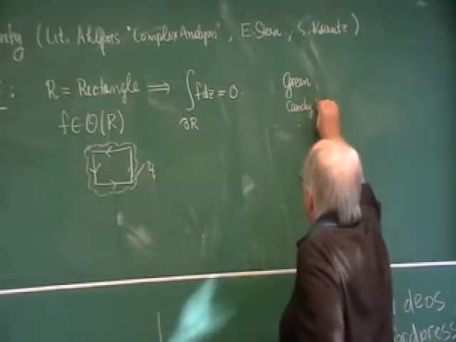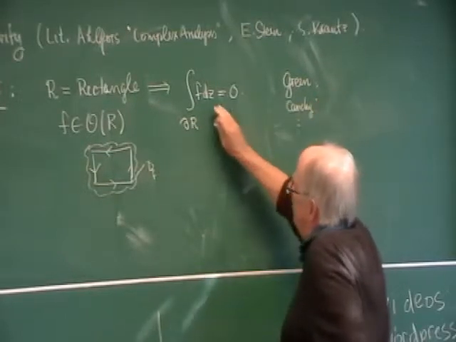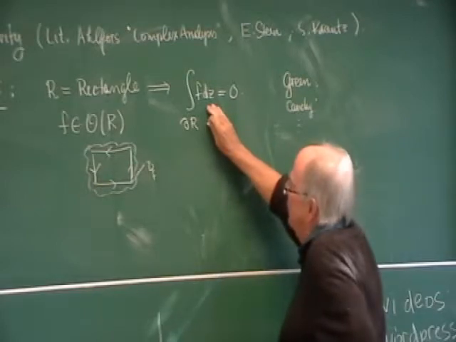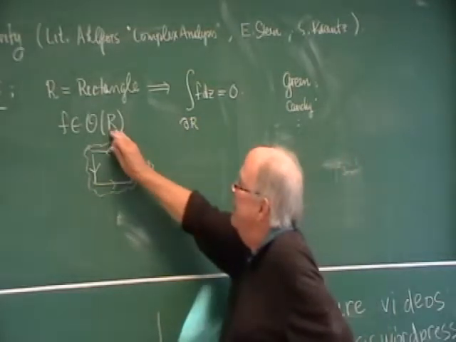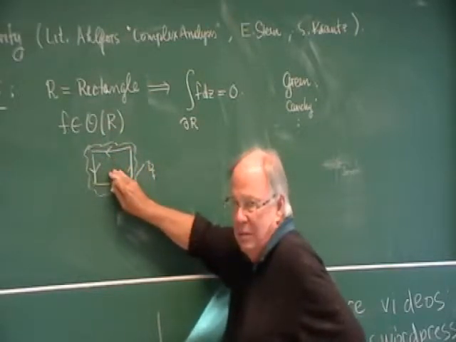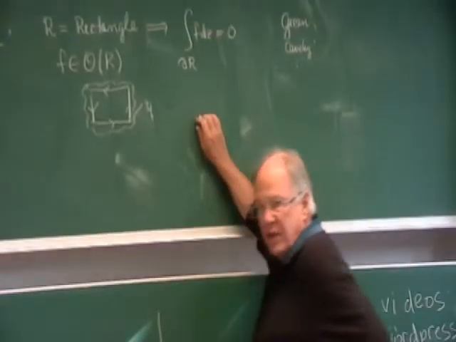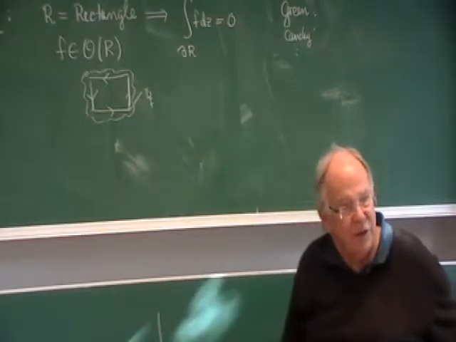Very old history of this subject. And people knew about the importance of this integral, and he had the idea of just checking it for something stupid, for a rectangle. This was the idea of Goursat. Now I'm going to explain to you why that would be interesting to check.